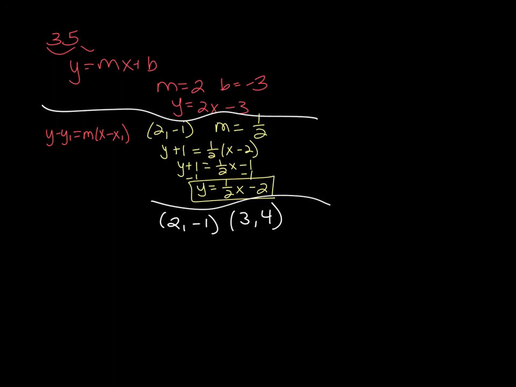We don't have the y-intercept, and we don't have slope, but we do have 2 points, right? So I would first find the slope, 4 minus a negative 1, over 3 minus 2, and I get 5 over 1. And then I would use that slope with either point and plug it into point slope.